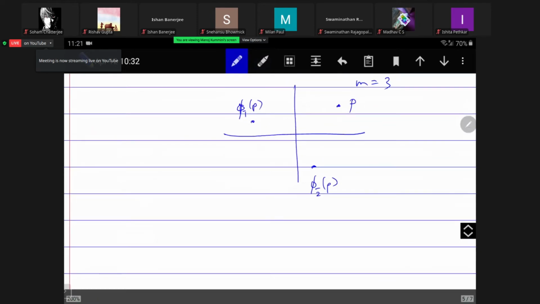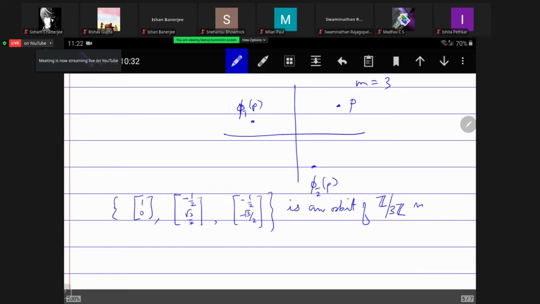If you consider this point (1, 0), then (1, 0), (minus half, square root of 3 divided by 2), and (minus half, minus square root of 3 divided by 2) is an orbit of 3Z in R2.